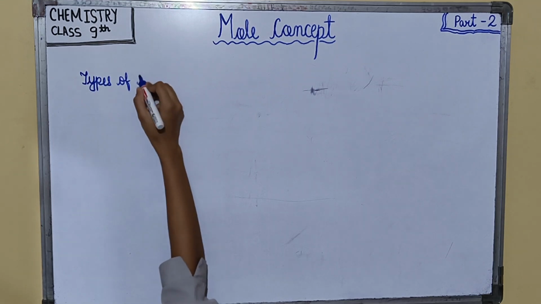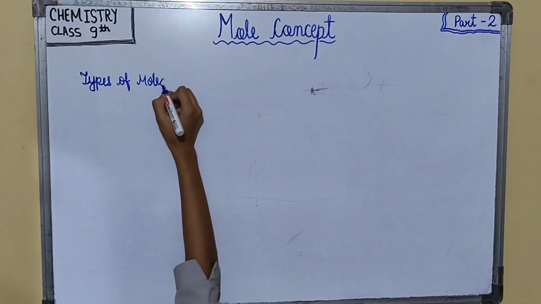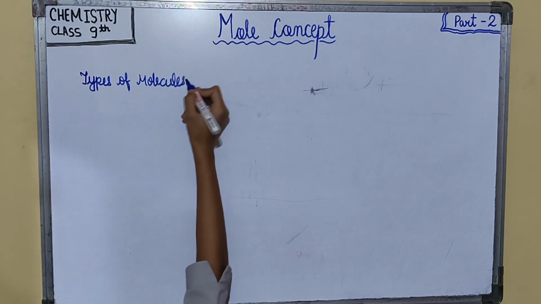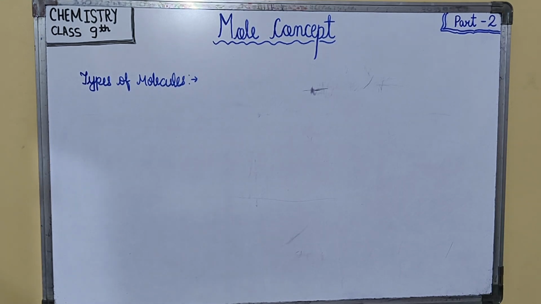Types of molecules. The molecules like hydrogen, chlorine, fluorine, H2, Cl2, F2 respectively are formed by the combination of atoms of the same element, and the molecules like H2O, N2O, NO2, these all are formed by the combination of atoms of different elements.